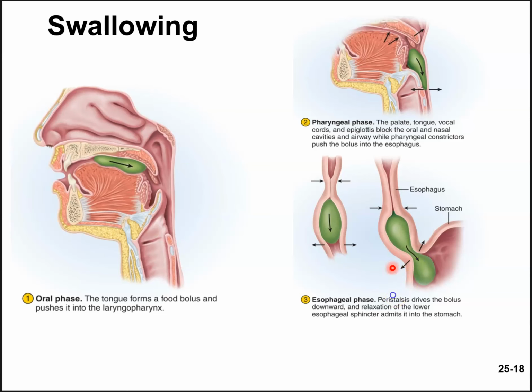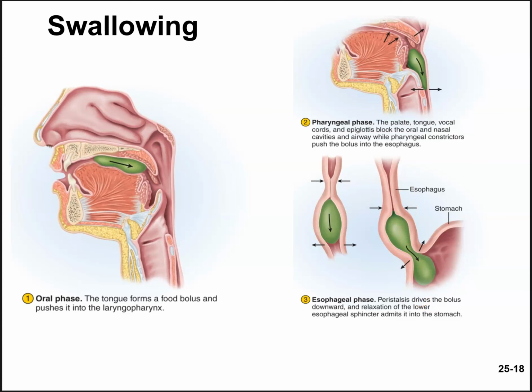So you call it the cardiac sphincter between the stomach and the esophagus. When the bolus reaches the stomach, the sphincter muscle relaxes to allow the food to enter the stomach. And once the food has entered the stomach, it closes to make sure we don't regurgitate any stomach acids into the esophagus.